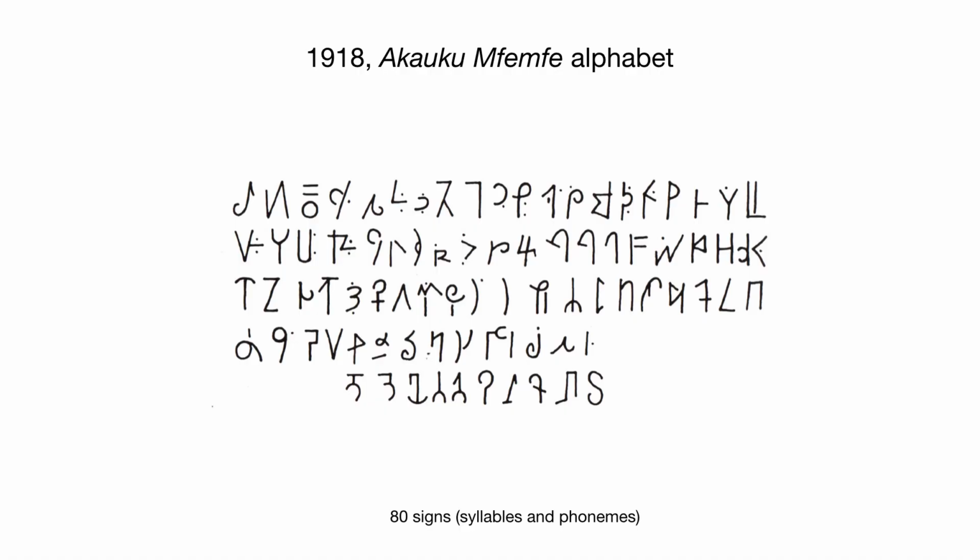The alphabet name comes from the first letters, A, Ka, U, and Ku. And here in 1918 is the ultimate version. On the linguistic level, it doesn't change, but you can see that the signs are way more abstract.